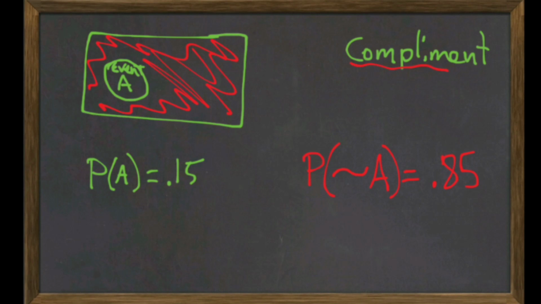An important rule here is the probability of A is 1 minus the probability of not A. So 0.15 is equal to 1 minus 0.85, or if we have the probability of A, we could solve for the probability of not A. Again, this seems very obvious at this point, but this is a useful trick to remember.